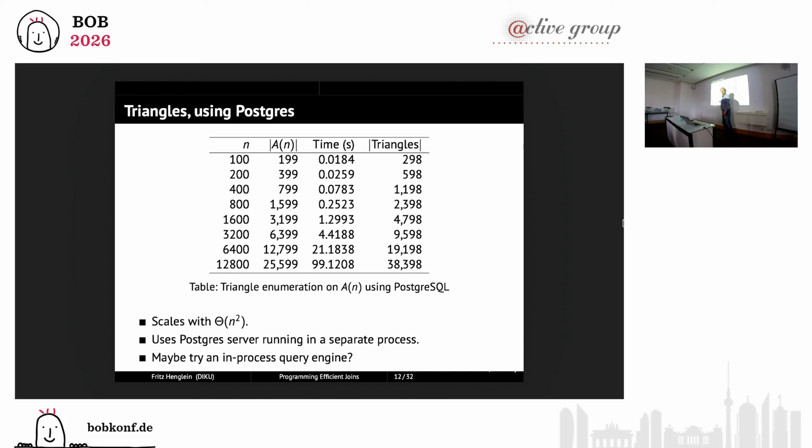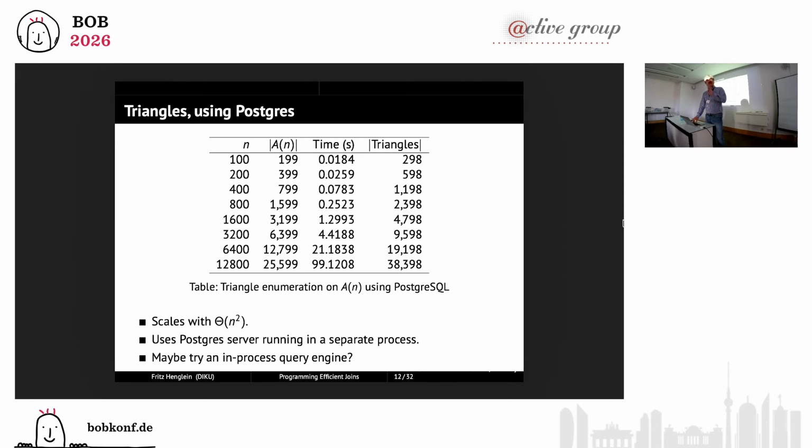Still scaling the same way. Remember, the output is linear, but the number of steps we spend, given linear input, is quadratic. Using Postgres is like using a huge machine for a very specific job you have at home, right? It's running in its own process and server and all these things.